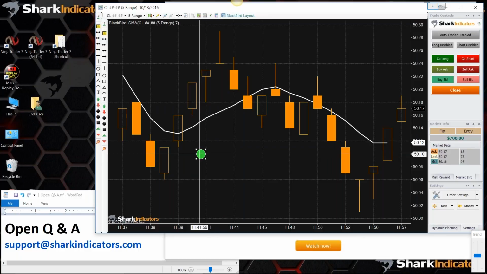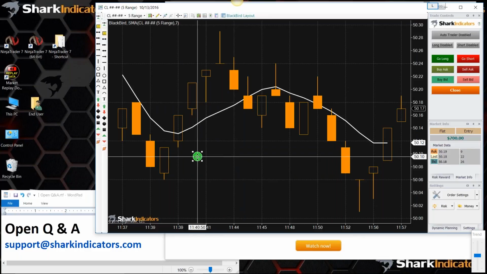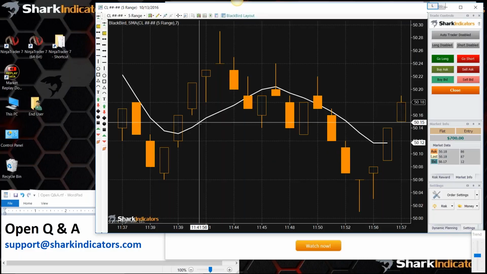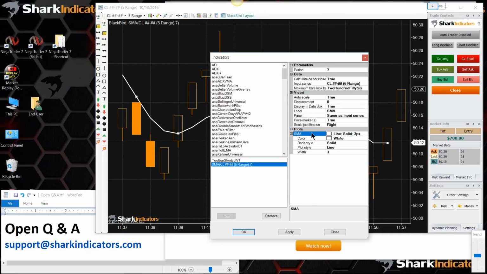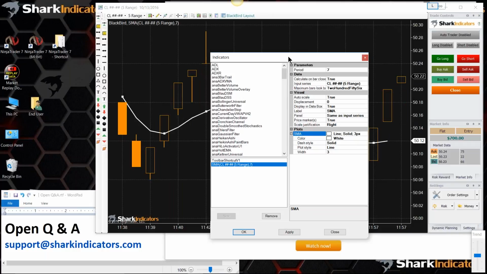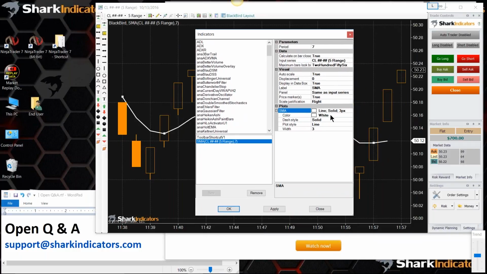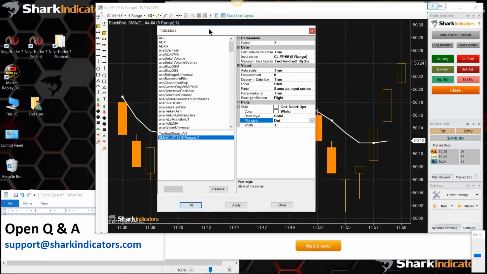NinjaTrader doesn't provide a way to read these chart markers. But if it's a plot, let's say their indicator has a plot that's set to the dot style.